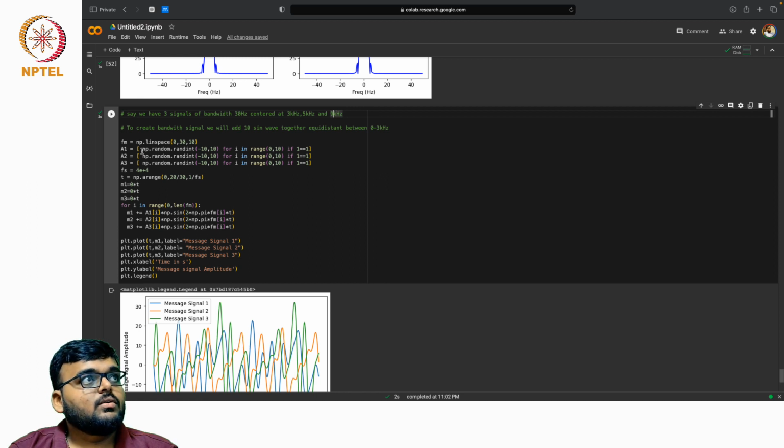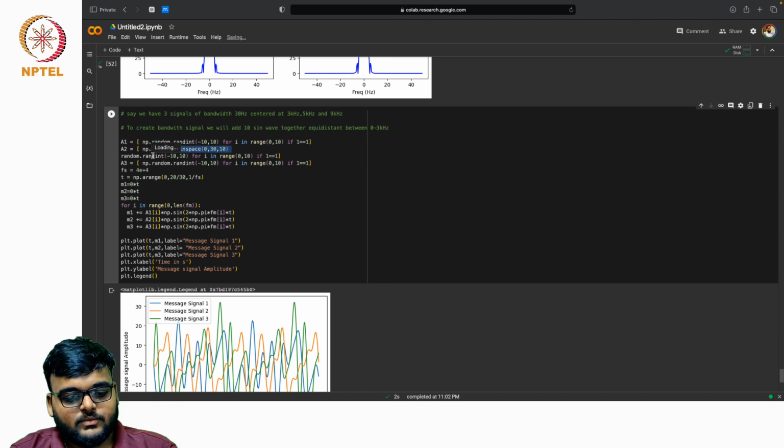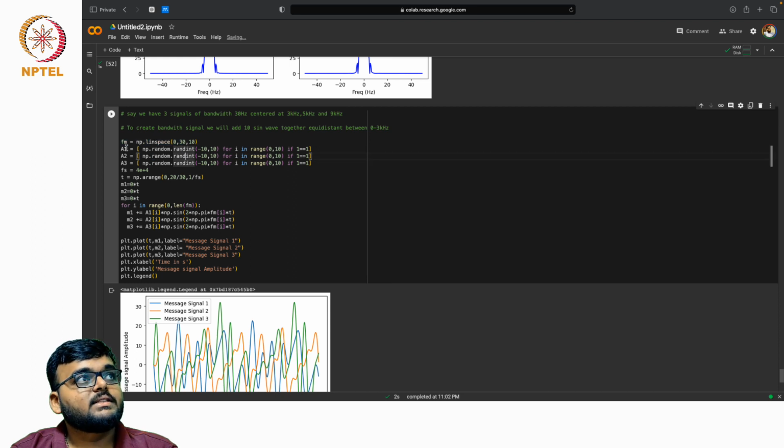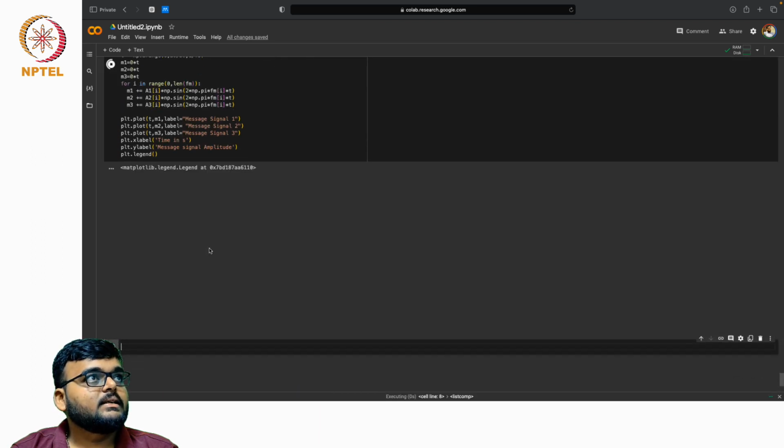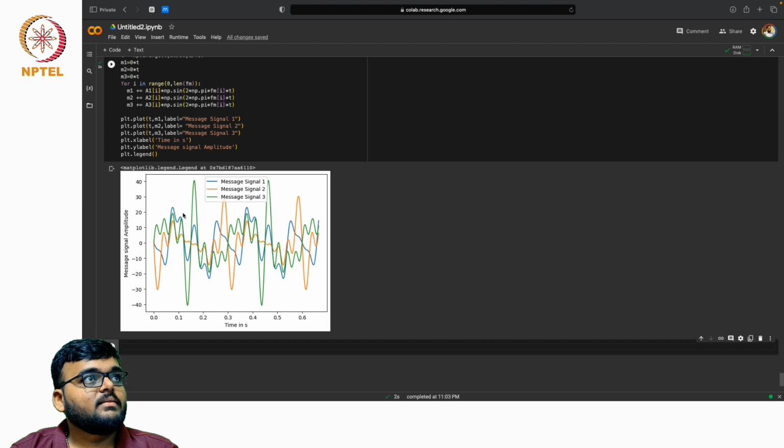So here we will have a few signals called FM, which have 30 hertz bandwidth, and we will generate 1, 2, 3 signals. Let's say we have 3 message signals. The message signal we are seeing is some sort of signal.